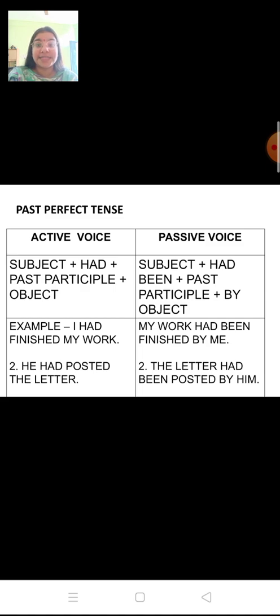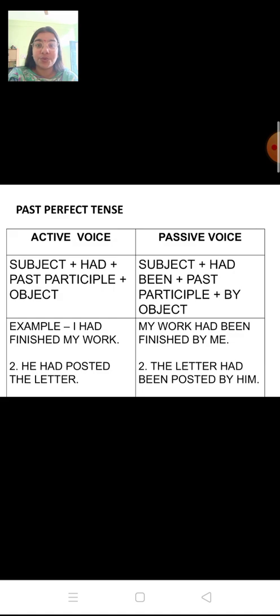If the sentence is in active voice, the structure will be subject plus had plus past participle plus object. Here is the example: I had finished my work. Now if we want to change this into passive voice, what is going to be the structure? The structure will be subject plus had been plus past participle plus by object.